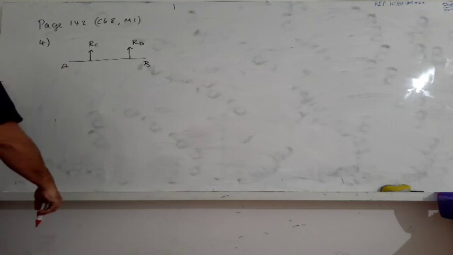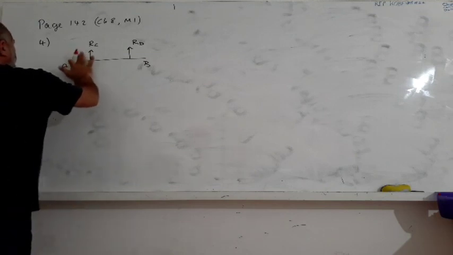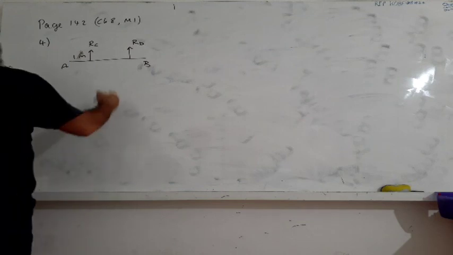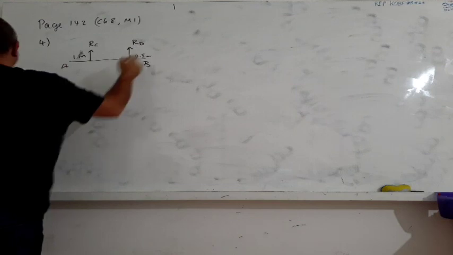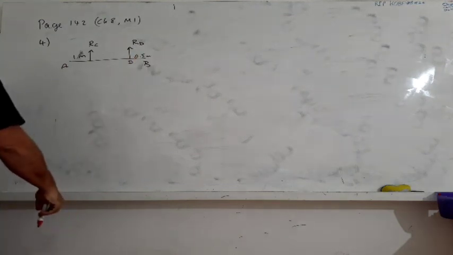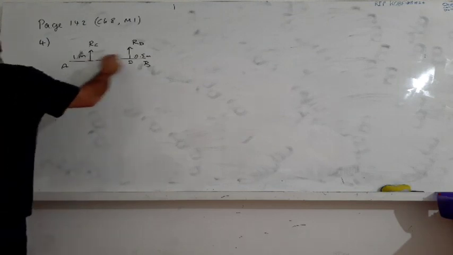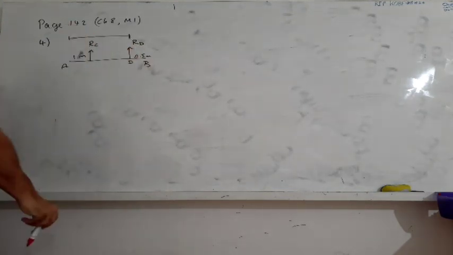And the length was 4 meters from A to B. So from A to D, we have to know all the distances with respect to A, because we are taking moments about A. It will be 4 minus 0.5, 3.5 meters.